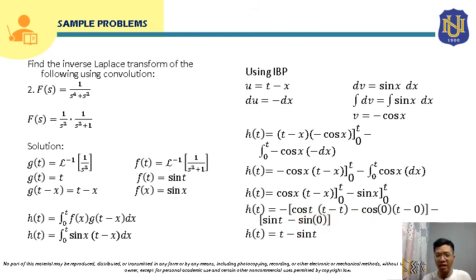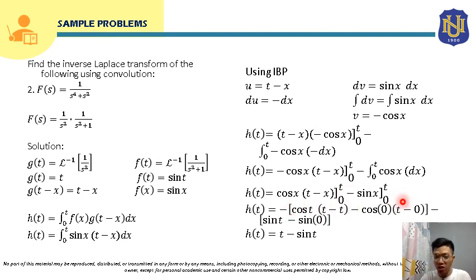Simplifying this, t minus t will be 0. So this will now become 0. And then for this one, cosine of 0 is actually 1, right? So 1, negative 1 times negative, that will become positive, times t.